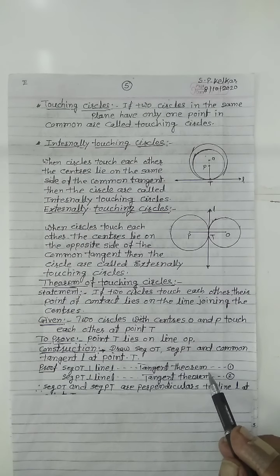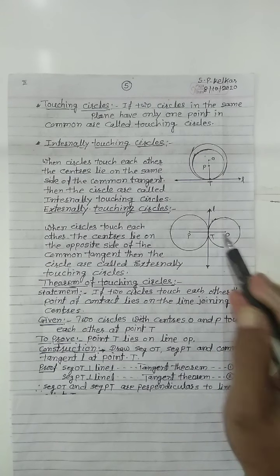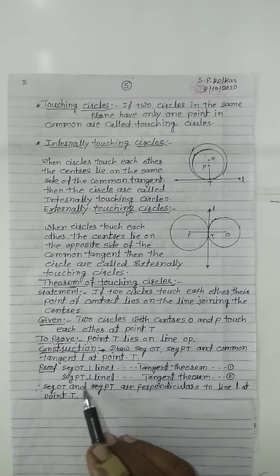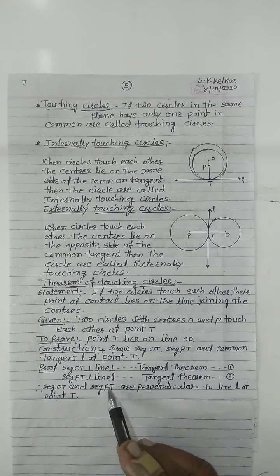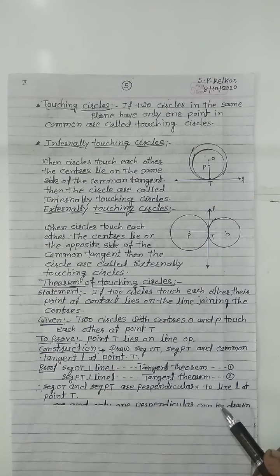By the tangent theorem, the tangent is perpendicular to the radius of the circle. Then segment PT is perpendicular to line L, by the tangent theorem. These are equation 2.